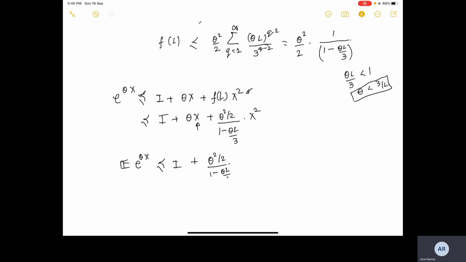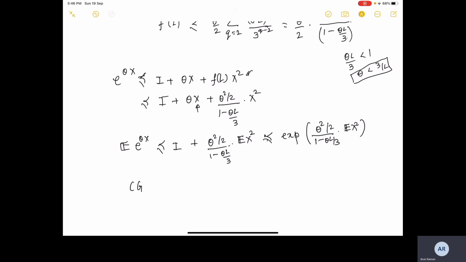So we have the expected value of e raised to the power theta x, which is less than or equal to exponential of theta square by 2 divided by 1 minus theta L by 3, into expected value of x square. So we have used 1 plus x is less than or equal to e raised to the power x.